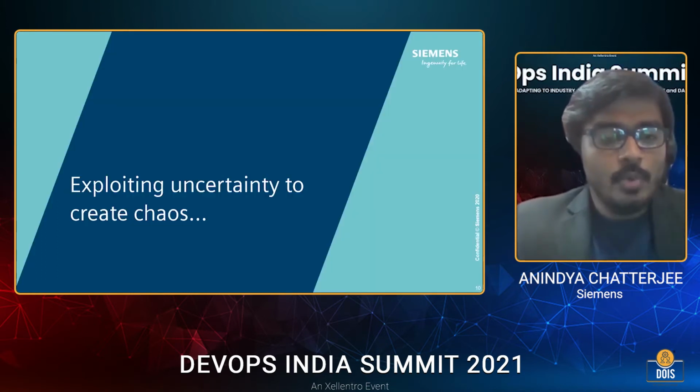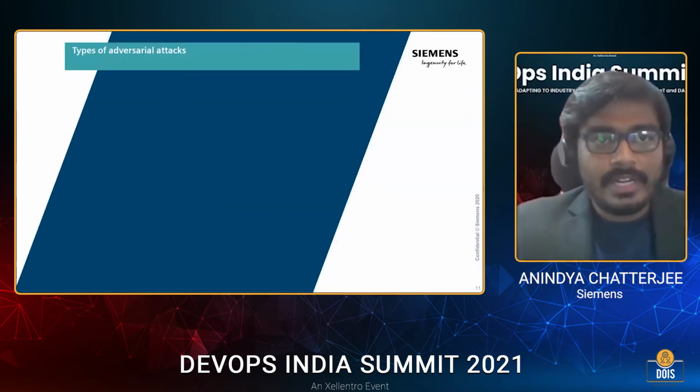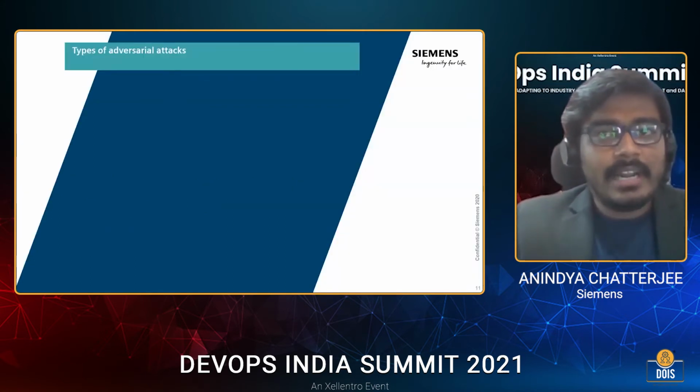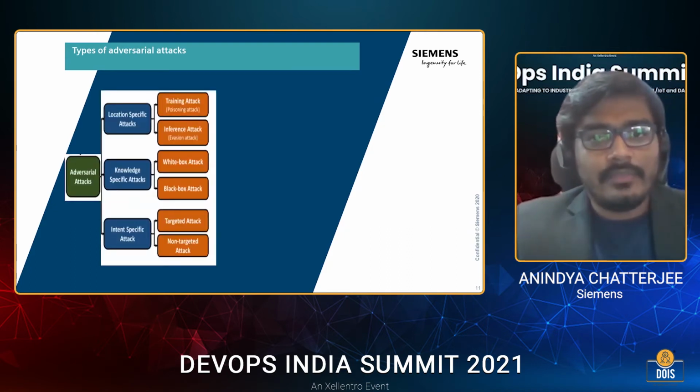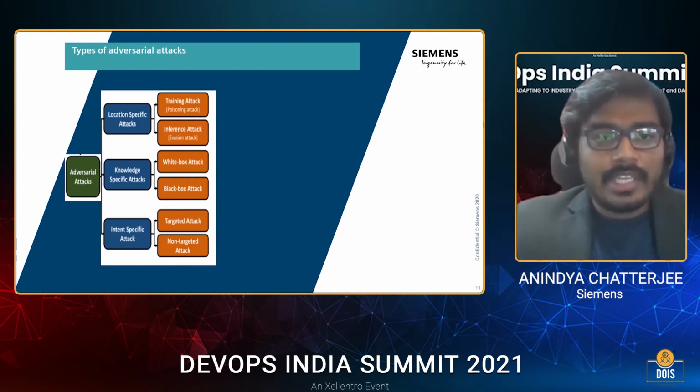Now, how do we exploit uncertainty and create chaos for our model? There are various types of attacks which we call adversarial attacks, and these can be happening to your model at any time. Keeping neural networks in mind, we have broadly classified them into categories of location specific, knowledge specific, and intent specific attacks.